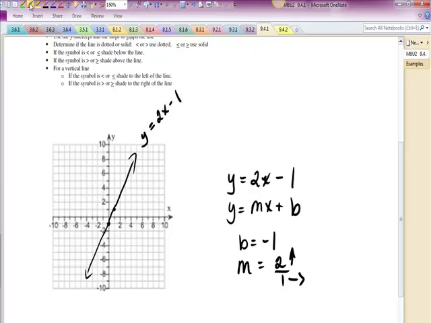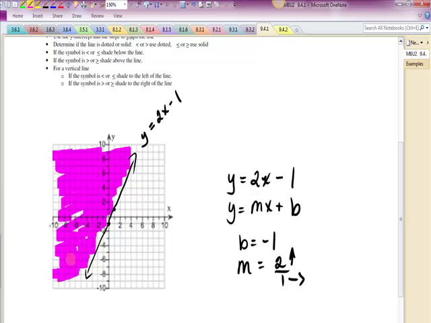When we are above this line, and all of these points are above the line because the y values are up, then in this region, y is greater than 2x minus 1 because it is above the line.